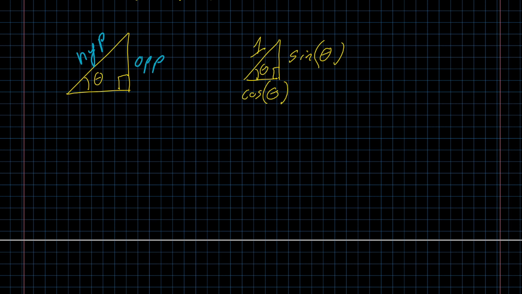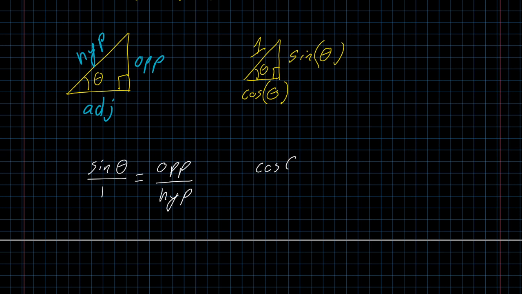We'll call one of the legs the opposite leg. It's the leg that's furthest away from the angle we know about. We'll call the other leg the adjacent leg. And so in general, the sine of theta over 1, the hypotenuse, is equal to the ratio of the opposite leg over the hypotenuse.